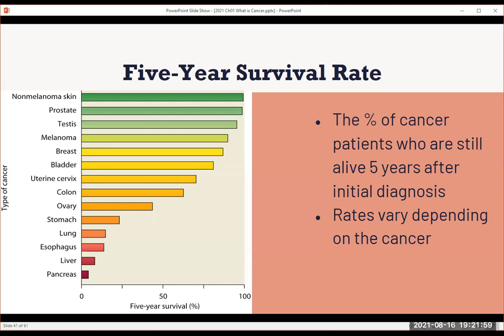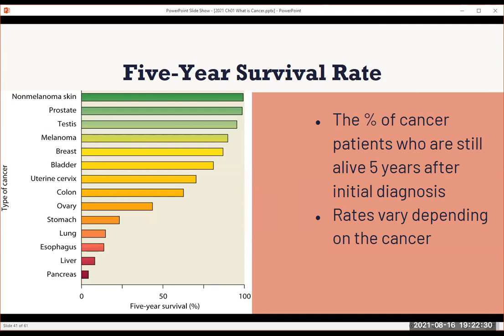When we talk about the different cancer types, we often talk about the 5-year survival rate. This refers to the percent of cancer patients who are still alive 5 years after initial diagnosis. They collect that information for thousands and thousands of patients. The number presented is from the time of diagnosis, looking at 5 years later, how many of those patients are alive.